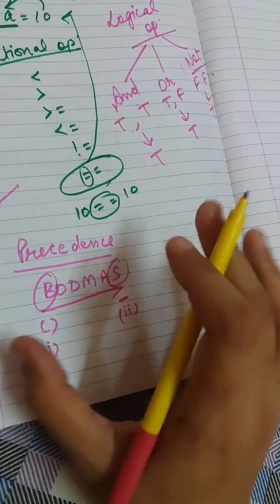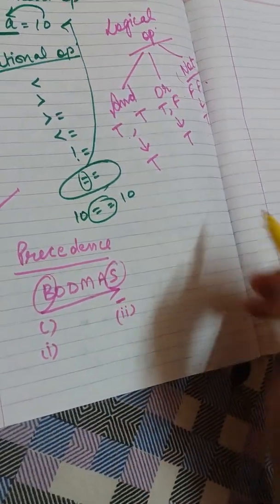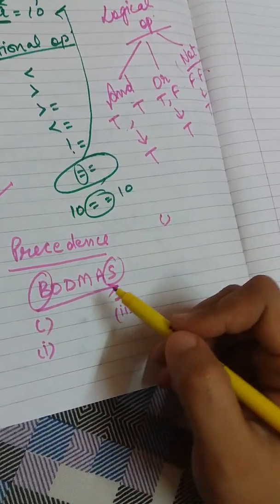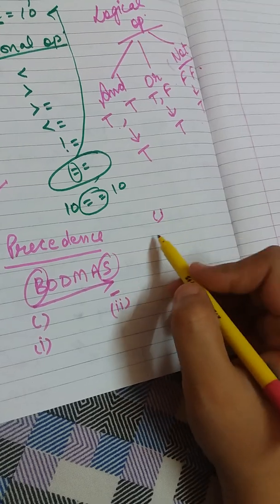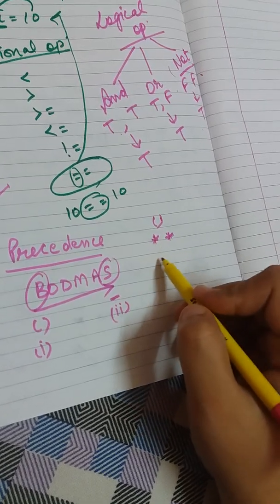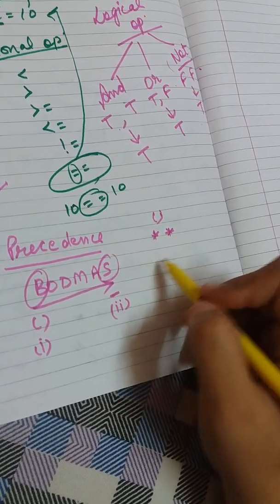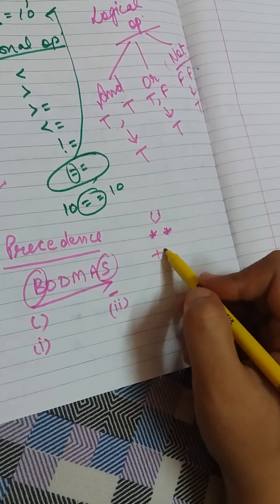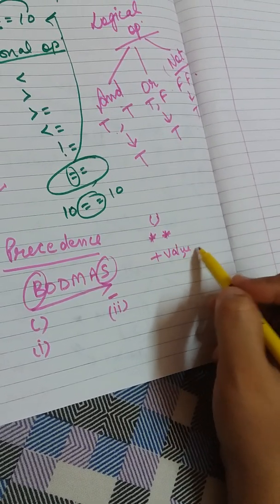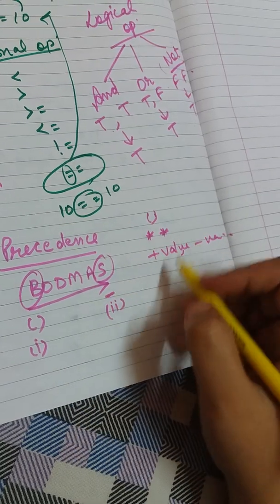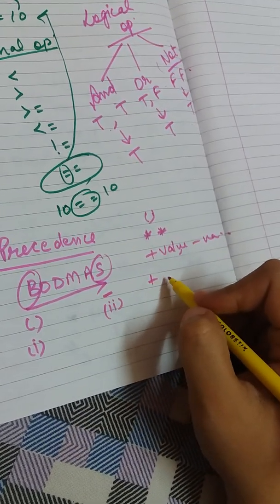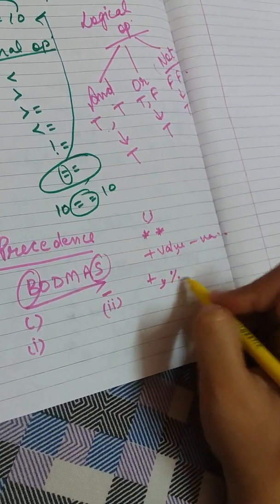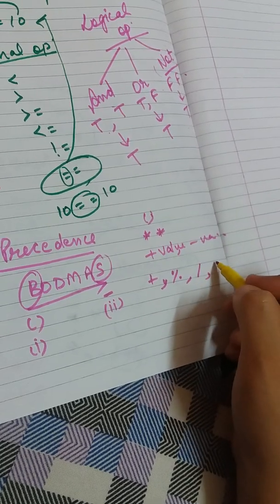So here also in these operators we have the precedence. First the brackets or the parentheses will be solved, then the exponent will be solved, then the unary operators, unary arithmetic, that means plus values or negative values will be taken, then your plus, mod, multiplication, division or floor division.